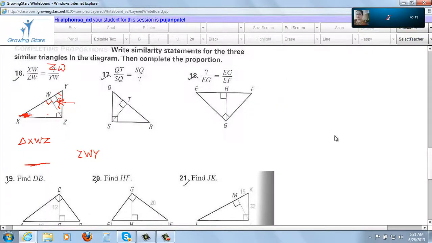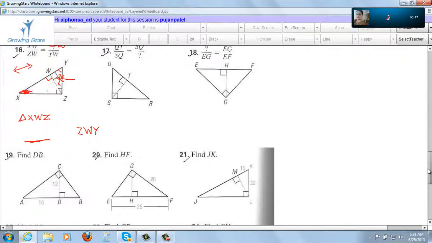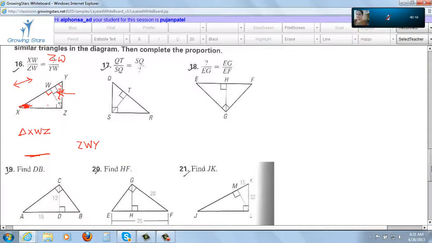Again, you have the ZW squared, isn't it? You have the geometric mean also coming there. So here now in the next question, you have SQ. And if you know SQ squared is QT times QR, then it becomes very easy. You don't even need to write all this.